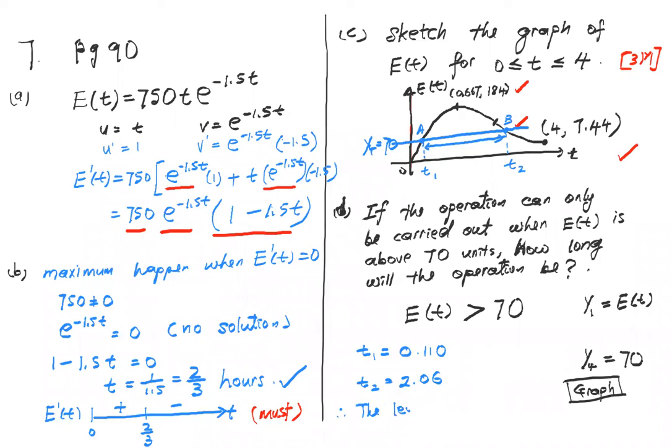It is equal to 2.06 minus 0.11, so that means equal to 1.95. So approximately 2 hours. All right? Okay. So are you okay?